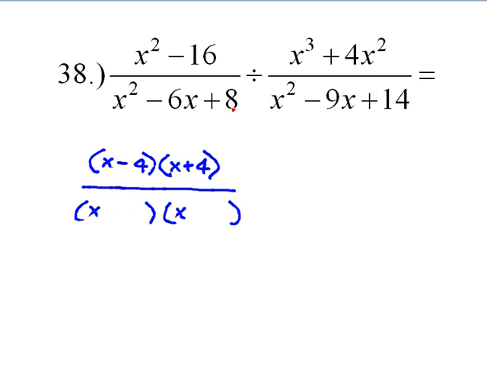Factors of 8 are 2 and 4. That's going to give us a combination of 6. So we need those both negative, check it. Negative 2x, negative 4x gives us negative 6, and a negative 2 times a negative 4 gives us 8.